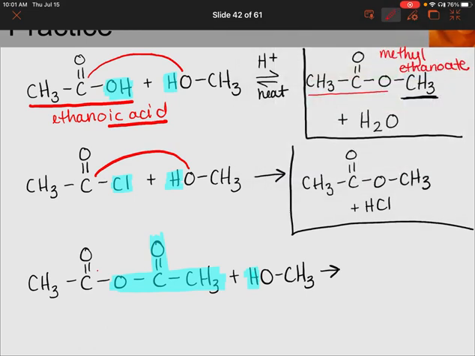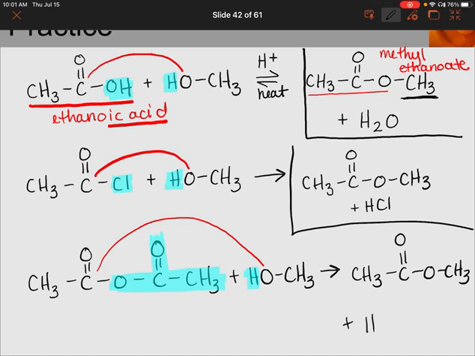And then the other 2 components that are left over are going to team up together and create a bond. So we're again going to end up with the same ester at the end, methyl ethanoate, but this time our byproduct is a carboxylic acid.